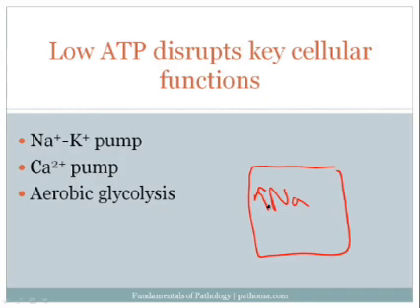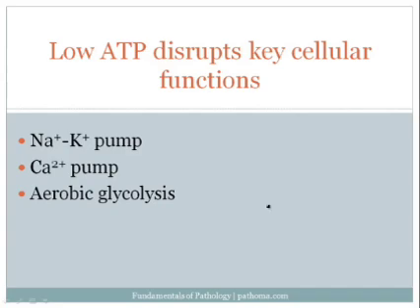The second function that gets disrupted is the calcium pump. Now, let me just tell you one general principle about calcium in the cell, and that is the goal of the cell is to maintain a super low concentration of calcium within the cytosol. The calcium in the cytosol is very, very low.